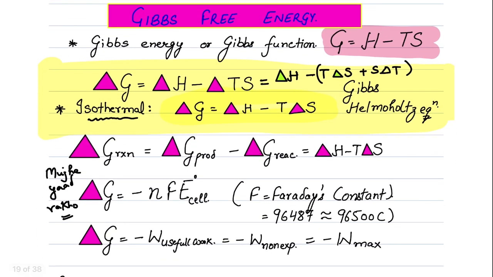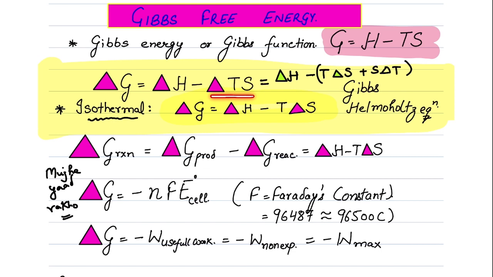Now moving on to the next topic, this is a very important term, that is Gibbs free energy. So the Gibbs function or Gibbs energy can be written as G is equal to H minus TS. Now we can rewrite it as delta G is equal to delta H minus delta(TS).